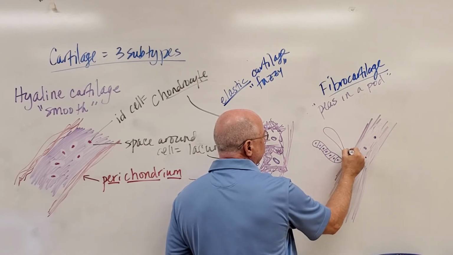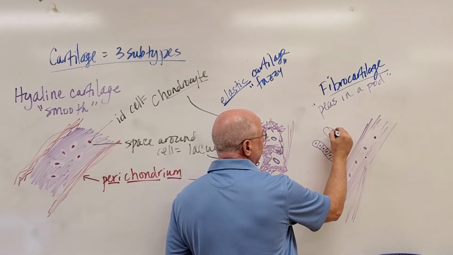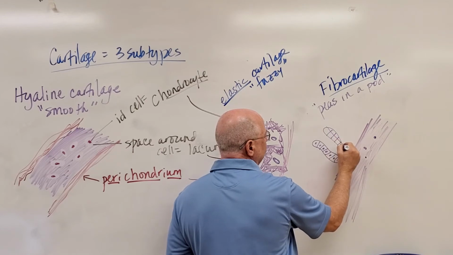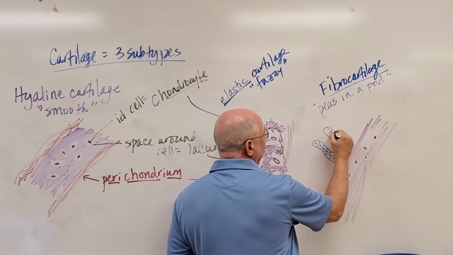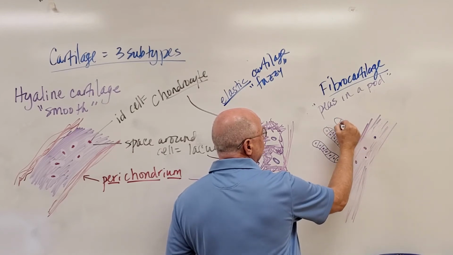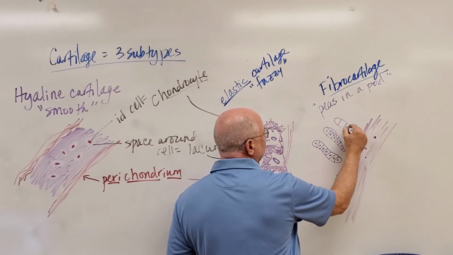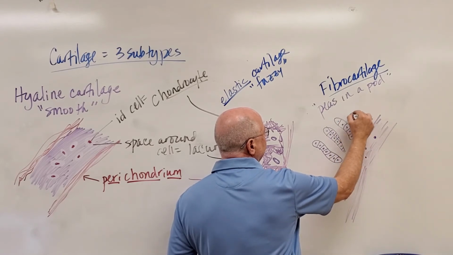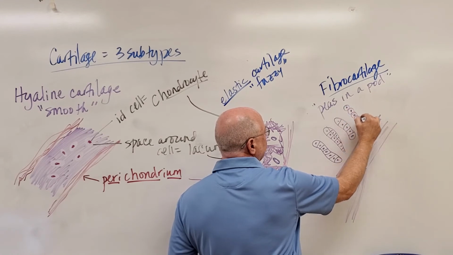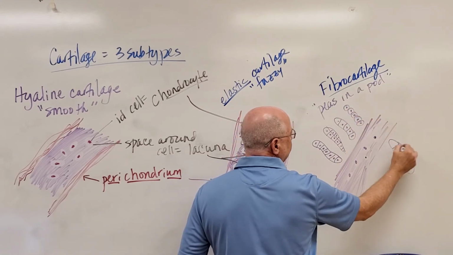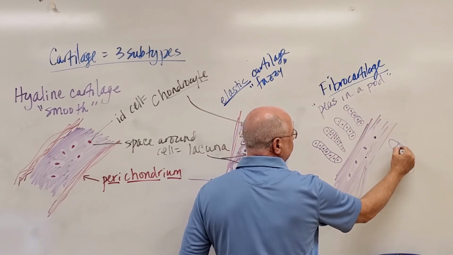And sometimes there might be 2 rows in some areas, but there's these cells growing in these empty spaces. Sometimes they look like little bubbles strung together with a cell inside, and you'll see it on both sides of this strip of cartilage here.